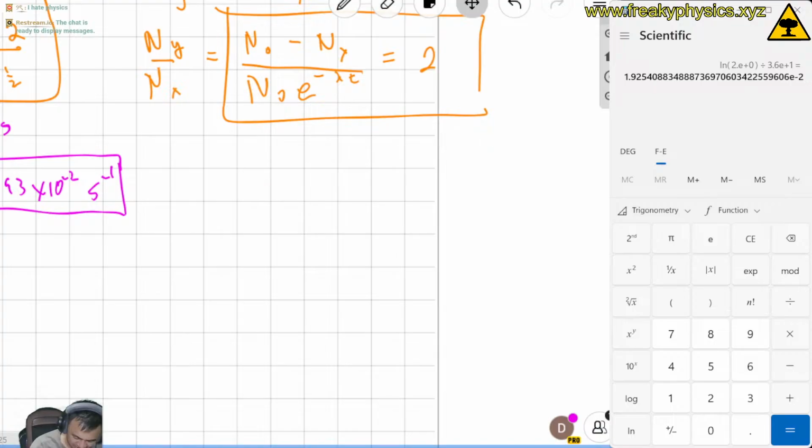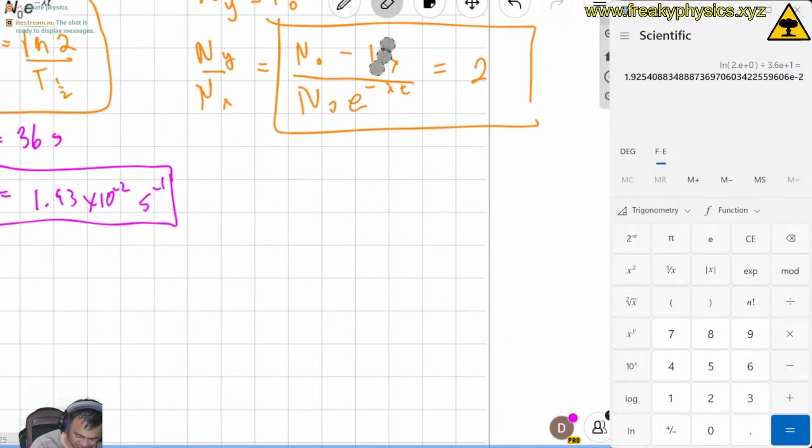I'll just keep this as nx first. I think that's going to be faster. Then we change nx later. So nx there, right? So what are we left with? That's going to be n0 over nx minus 1. That's easier. Equals 2, right?